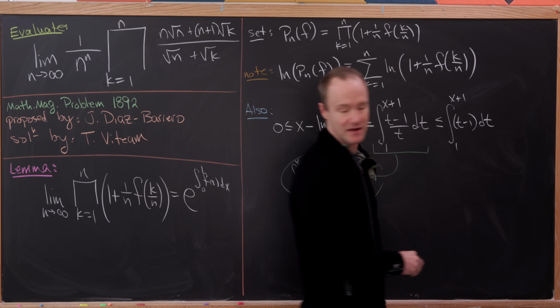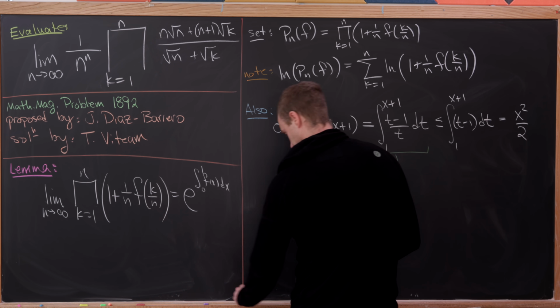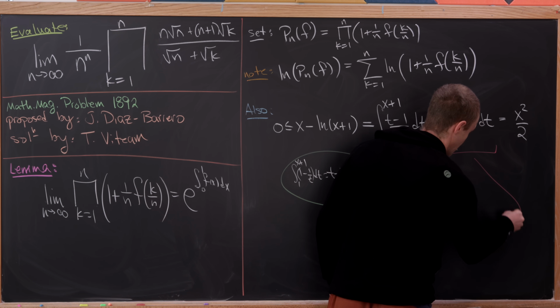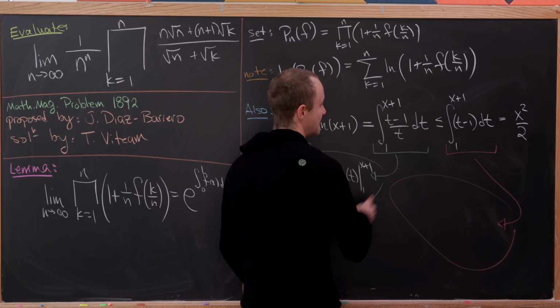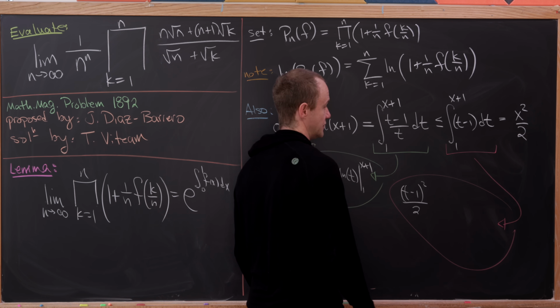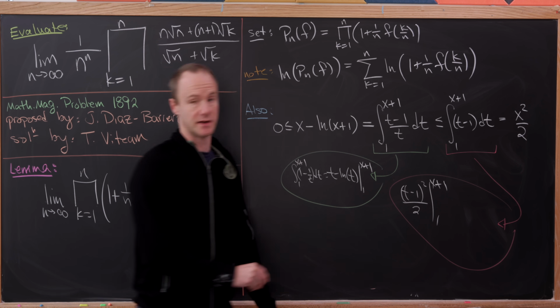Okay, but then that, in fact, is equal to x squared over 2. And again, this one is fairly easy to calculate as well. So let's see. That's going to integrate out to t minus 1 quantity squared over 2. But then we need to evaluate that from 1 to x plus 1.